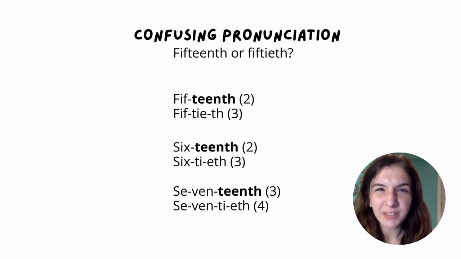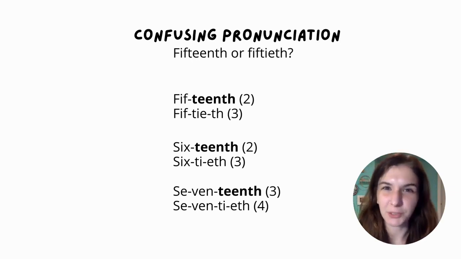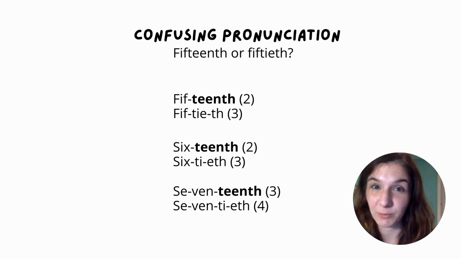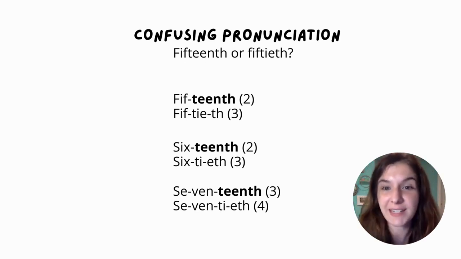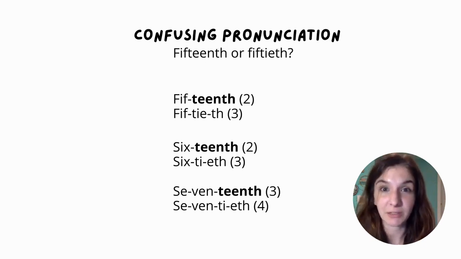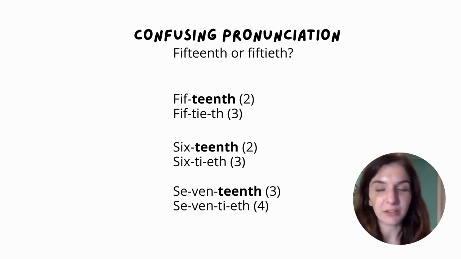Now here comes the confusing part that students really hate. And to be honest with you, I really hate it as well because it can be very confusing and you may have to ask somebody to repeat themselves because words like 15th or 50th can sound really similar, especially when they're spoken fast. So how can you tell the difference? Well, the difference when you're speaking is really with syllables and length.